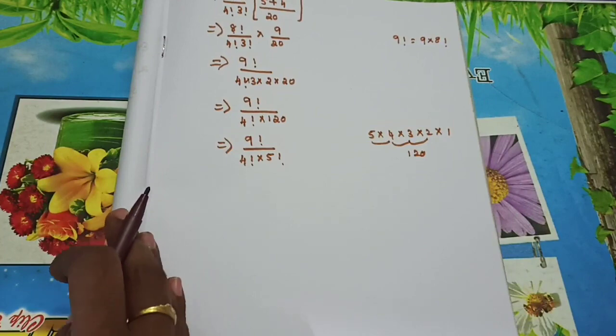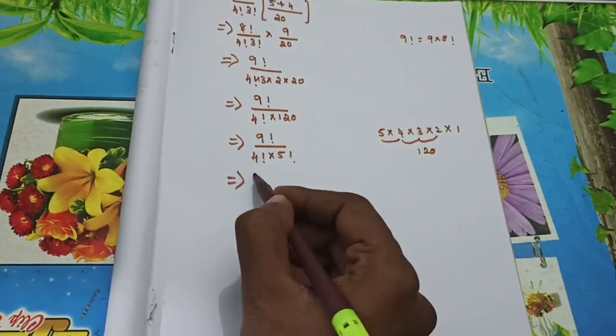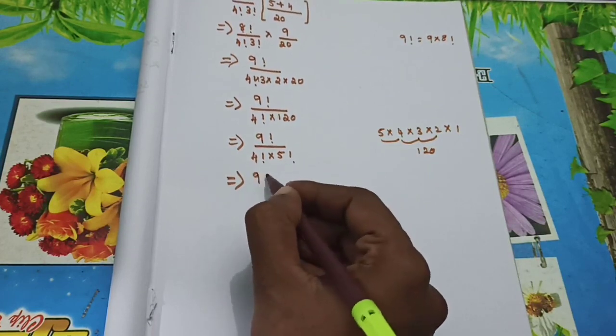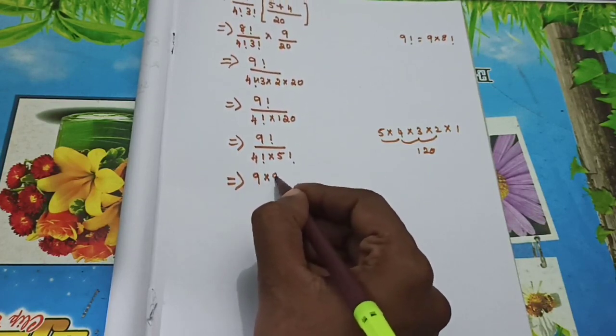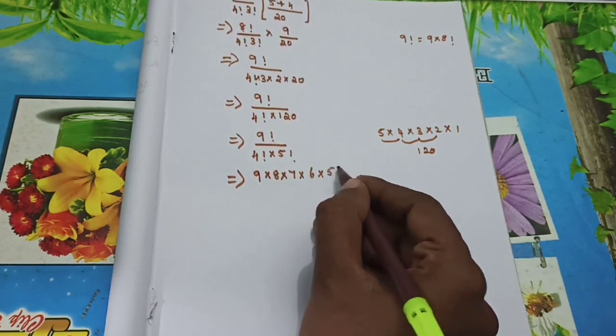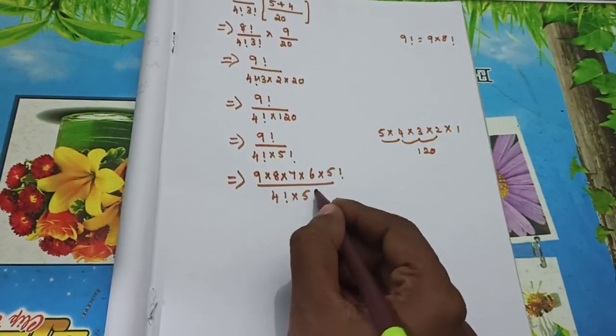Okay, so now you can cancel. How will you cancel? 9 factorial, shall we write it in the form of 5 factorial? So 9 into 8 into 7 into 6 into 5 factorial divided by 4 factorial into 5 factorial.